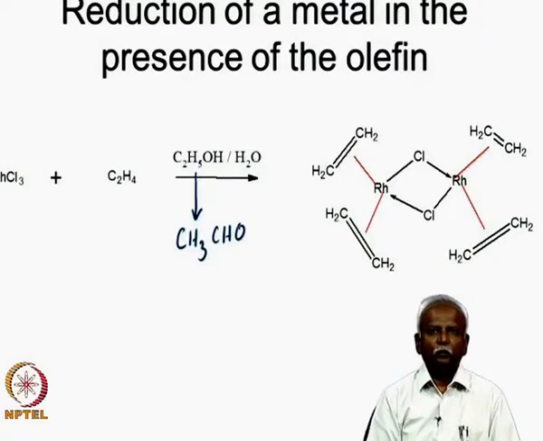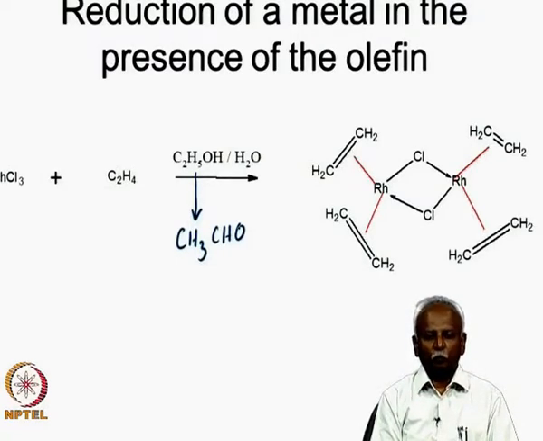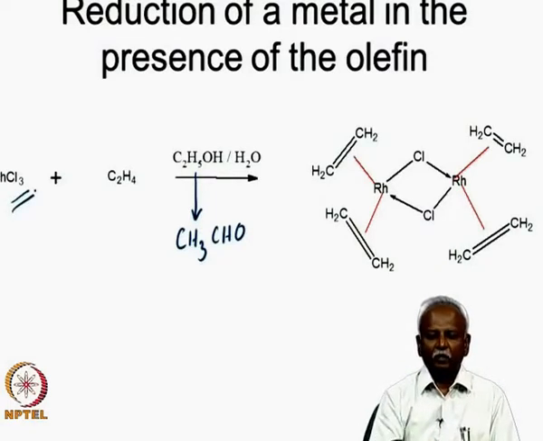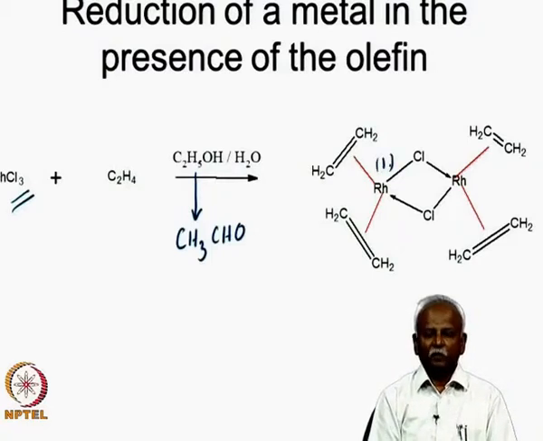In other words, 2 hydrogens have been removed from ethanol, and those are the reducing elements, they reduce the rhodium 3 chloride to rhodium 1. Here it is present in the rhodium 3 and here in the rhodium 1 oxidation state. And you can see that because you have 2 rhodiums with 2 chlorines.